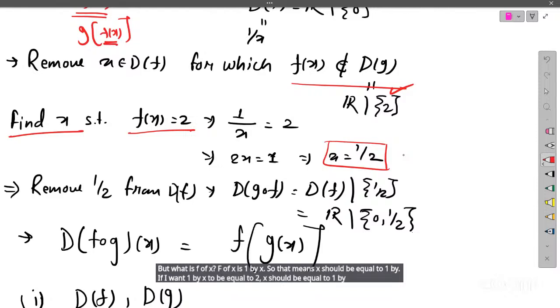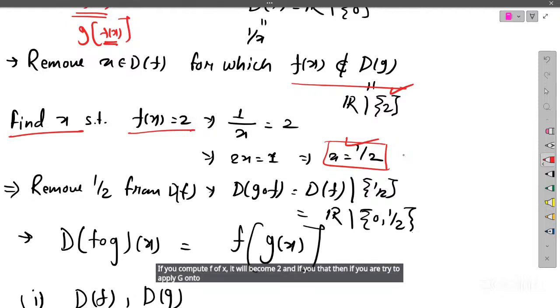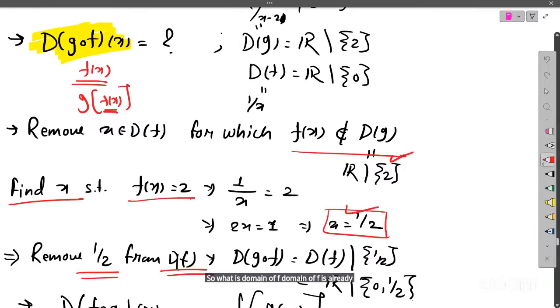So for this x, g of f of x is not defined, because for this particular x, if you compute f of x, it will become 2, and if you try to apply g on 2, it is not well defined, correct? Because g is 1 by x minus 2. That's what we do. We remove 1 by 2 from the domain of f. The domain of f is already the real numbers minus 0.